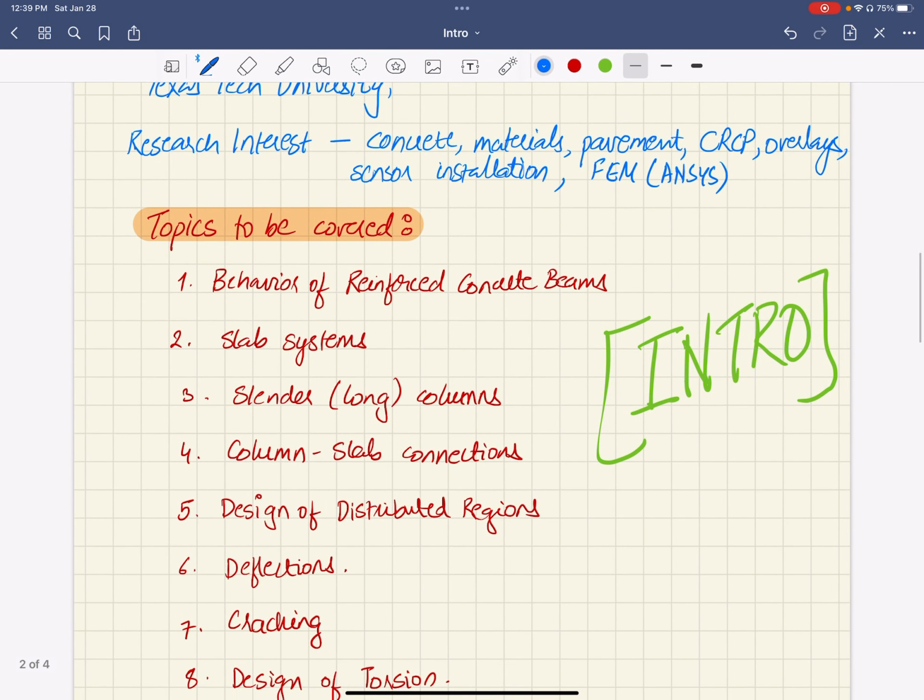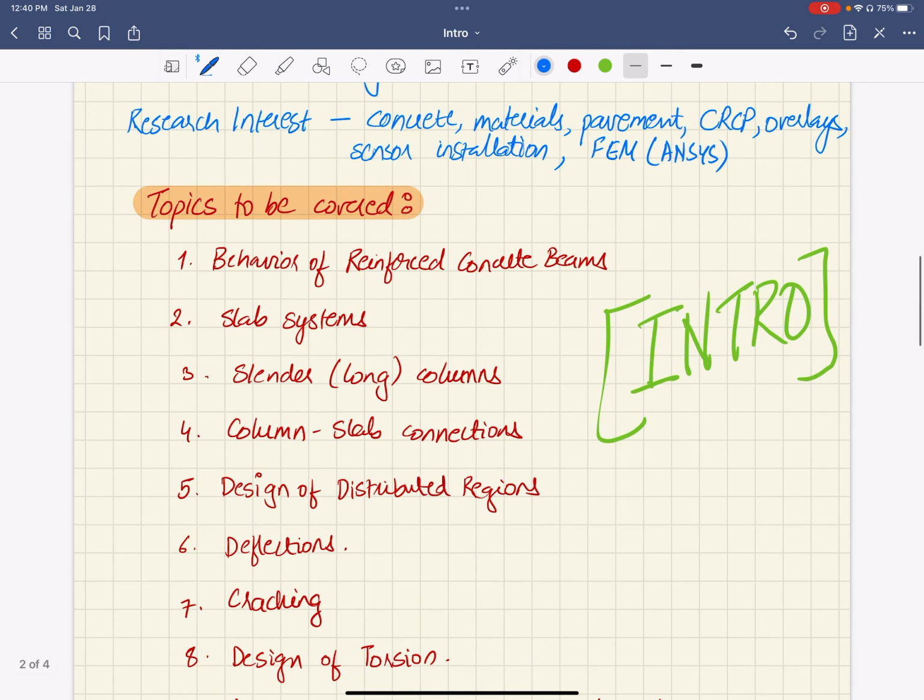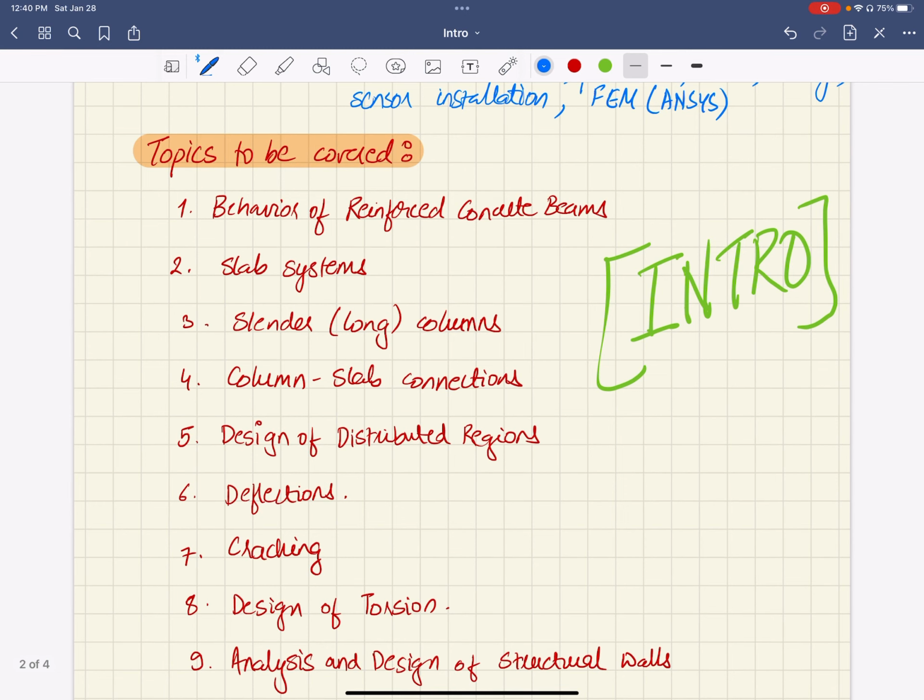Since this is an introduction lecture, I'll just introduce the topics that I would like to cover in this lecture series. I've divided the whole series into 11 subsections, which start from the behavior of reinforced concrete beams, where we'll see what kind of behaviors the reinforced concrete beam portrays, and try to understand the basic theory of flexure.